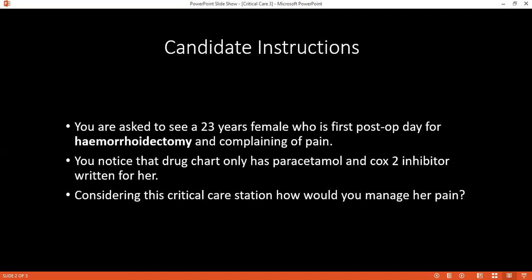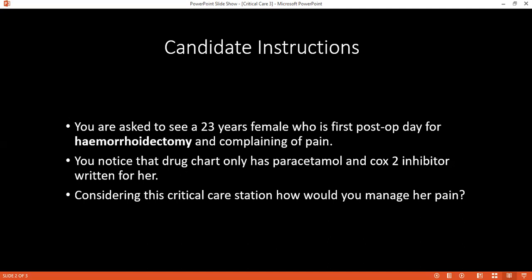That's it. Right. In this particular patient on the post-op day, what other alternatives can you give in order to manage her pain? If this doesn't work, then epidural anesthesia may be given to the patient. Good.